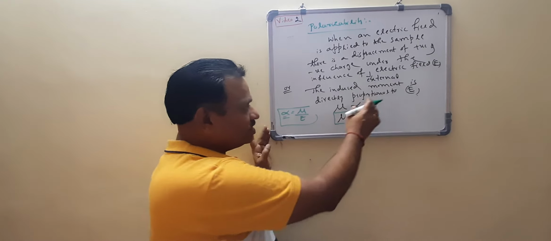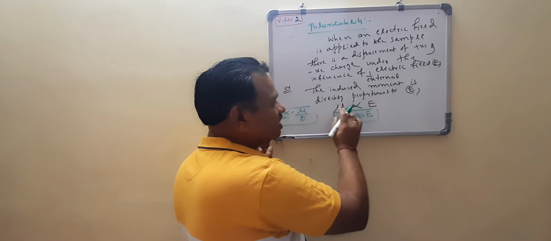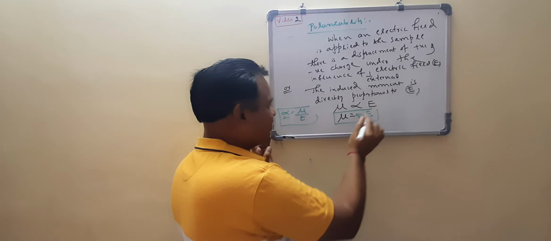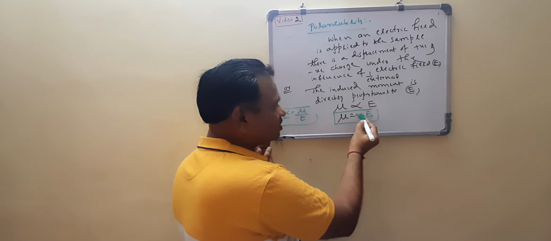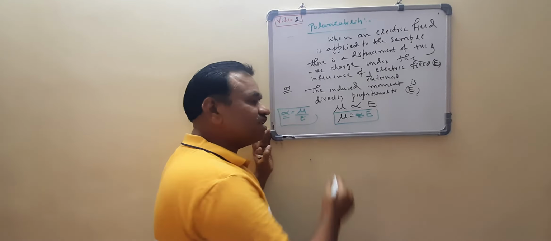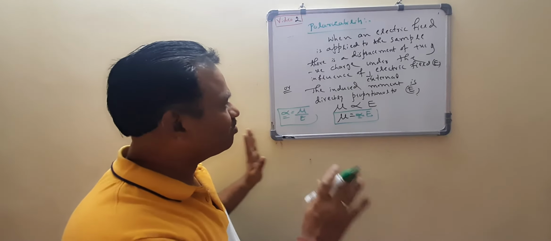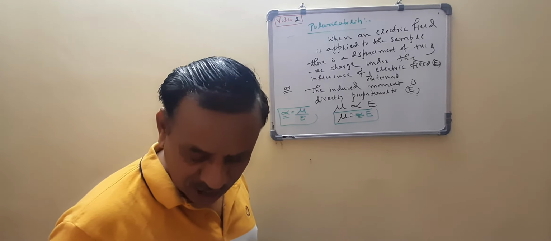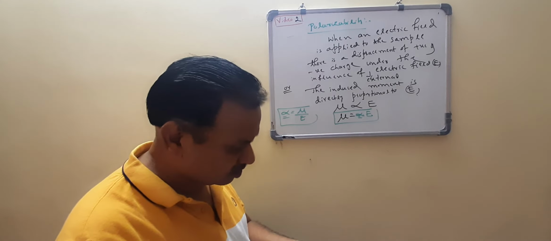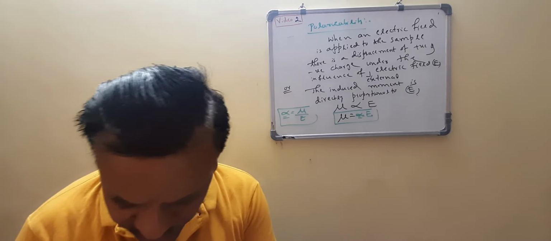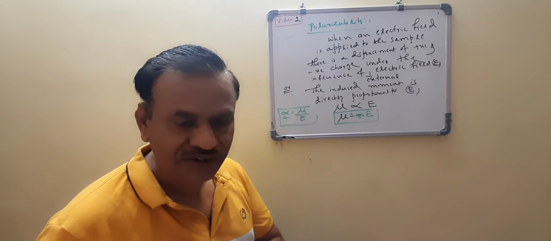How much induced dipole moment is produced depends upon the electric field, but this quantity alpha, the polarizability, is not the same for all materials. It varies from one material to another. I'll give one example. The same teacher visits different classes.